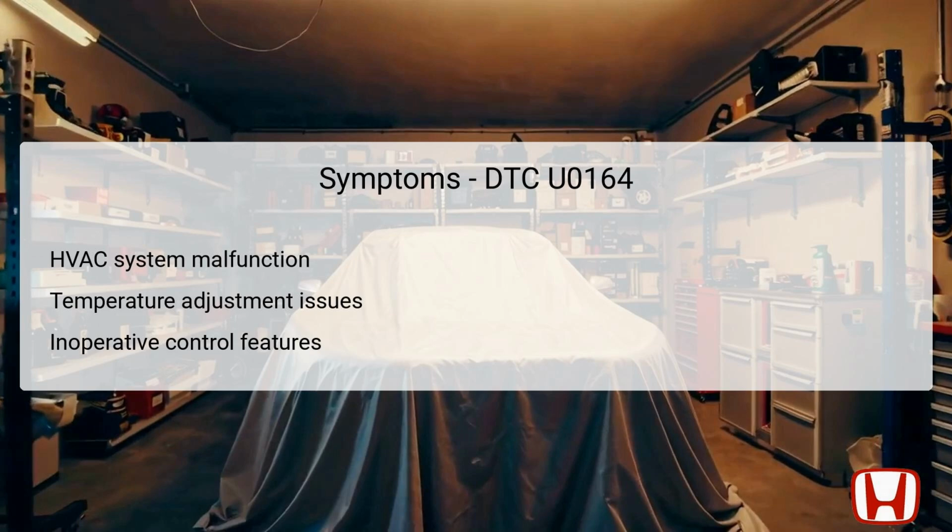Additionally, various control features, such as fan speed adjustments, may be rendered inoperative due to this communication loss. Understanding these symptoms can guide technicians to focus their diagnostic efforts more effectively, leading to a quicker resolution and improved passenger comfort.